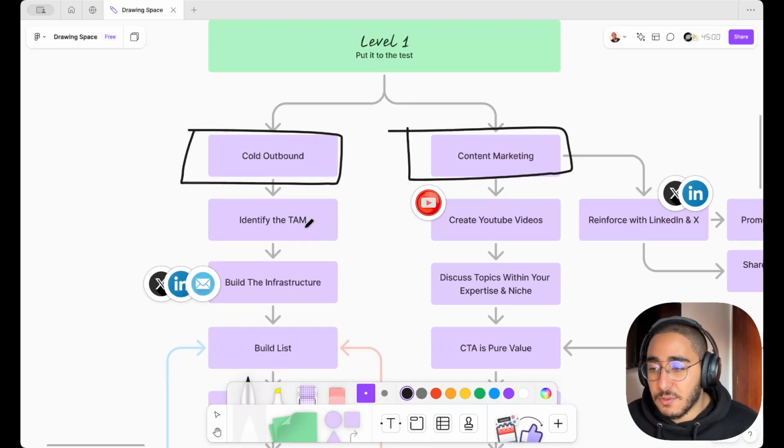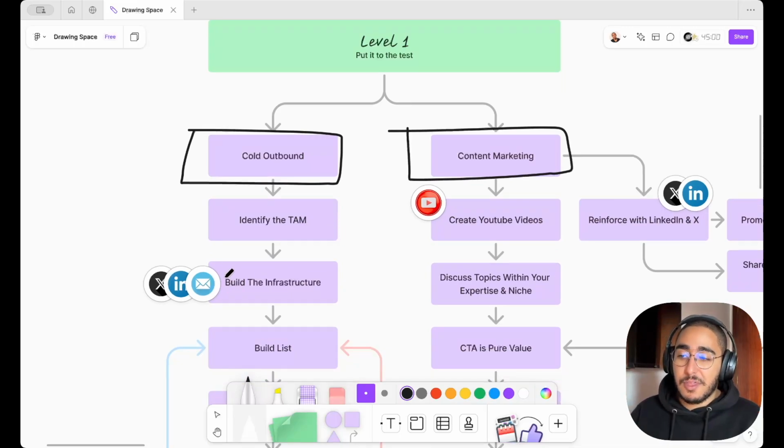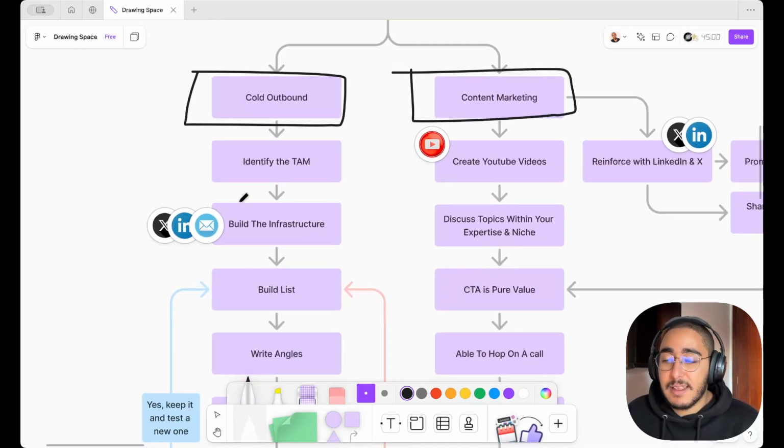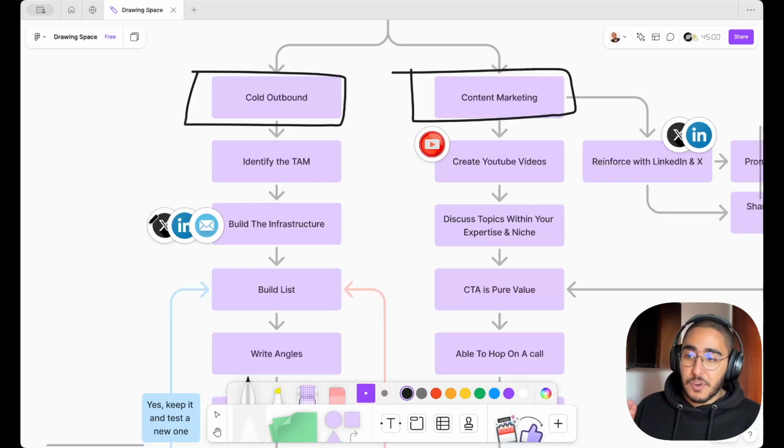Once you figure out the total addressable market, you'll know the size of the infrastructure you need to build and for which channels, because in some cases you might need infrastructure that would allow you to send all the emails. Maybe you need to combine emails with LinkedIn, with X. And if you combine multiple channels, you need to think of a CRM in order to consolidate your communication, because you don't want a scattered system, especially if you're managing it yourself.